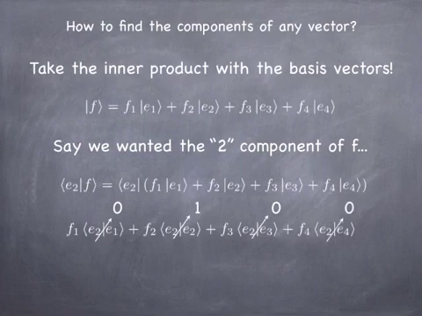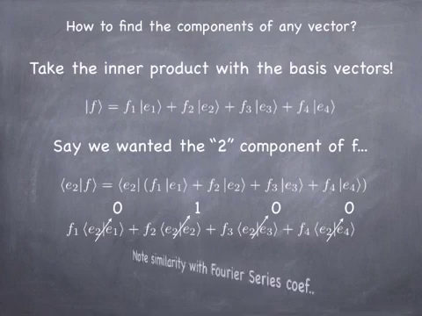What's going to survive? Just the number f2. But that is exactly what we mean by the 2 component of the ket f. Notice that this is exactly like Fourier series. This is precisely the same calculation you do to get the coefficients, or the components, of a Fourier series. So there you go.